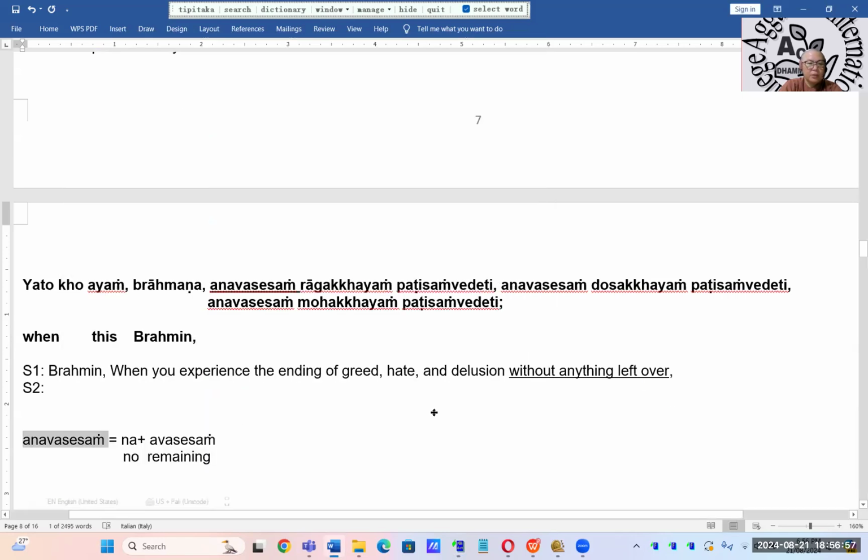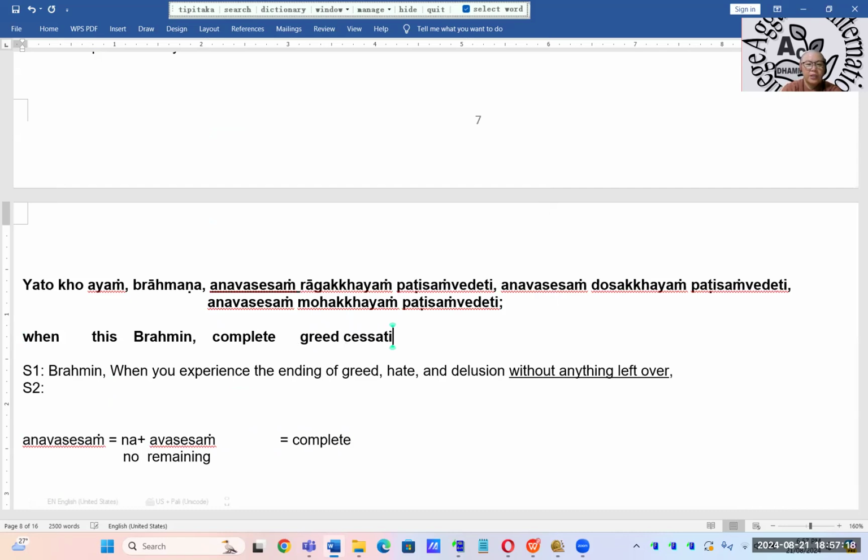I think complete is better. So the meaning is no remaining, which means everything is included. So complete. Raga is greed. And then the kaya is sometimes we use the word cessation, or here ending.